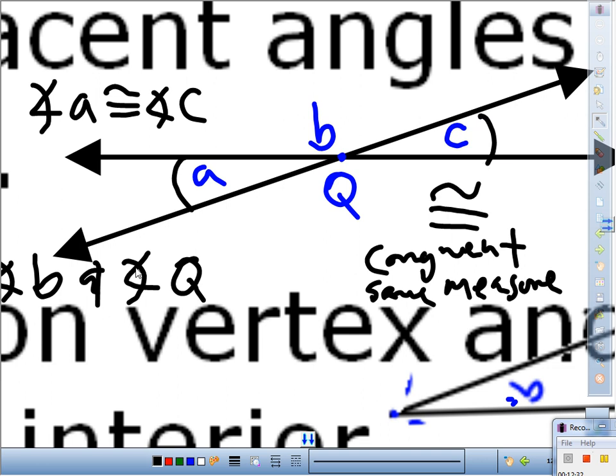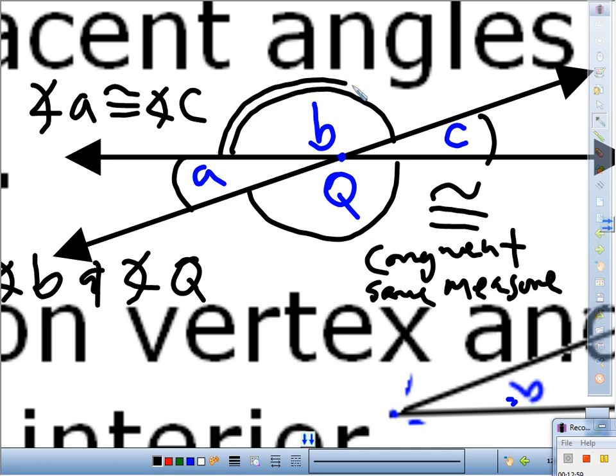Which means if we said that angle B is congruent to angle Q, would I do this? No. This is one arch. That means this is one arch. Then people might get confused that since this has one arch, this is one arch, then they might measure the same. So what can I do to this one?